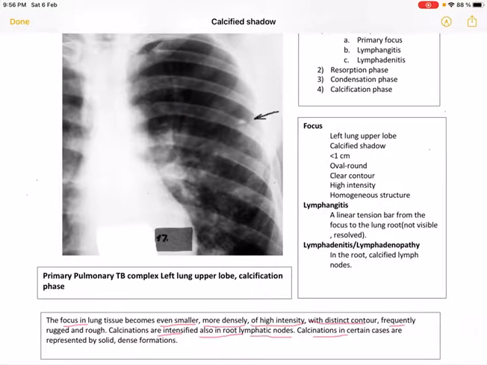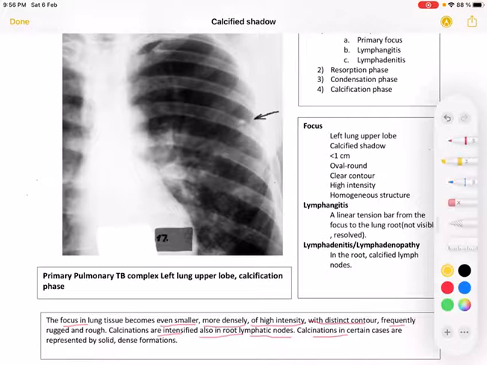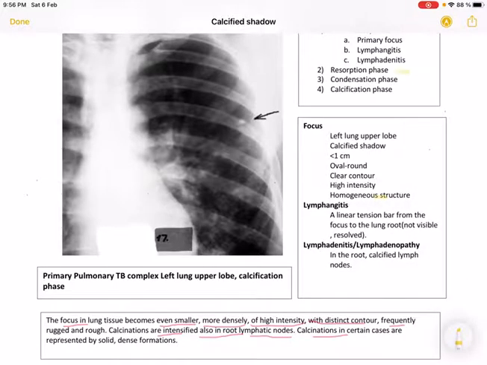Now if you want to give a conclusion, how can you give it? You need to know how to define that it is a primary pulmonary TB complex. The first way is to decide whether it is pulmonary or extrapulmonary.